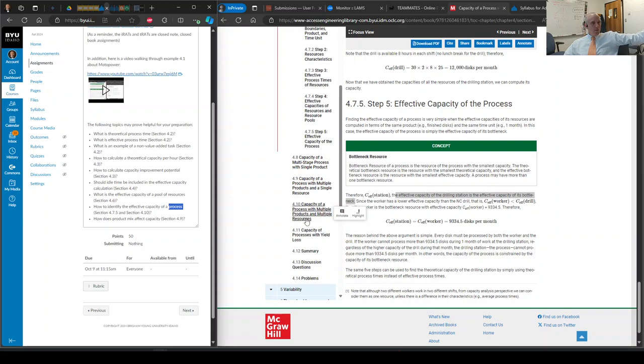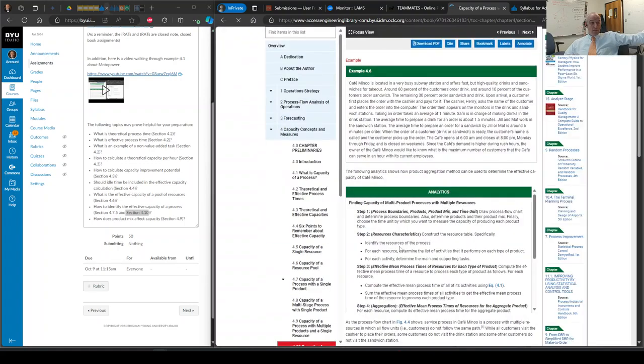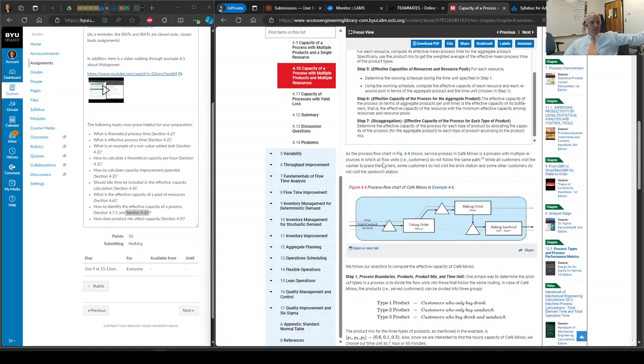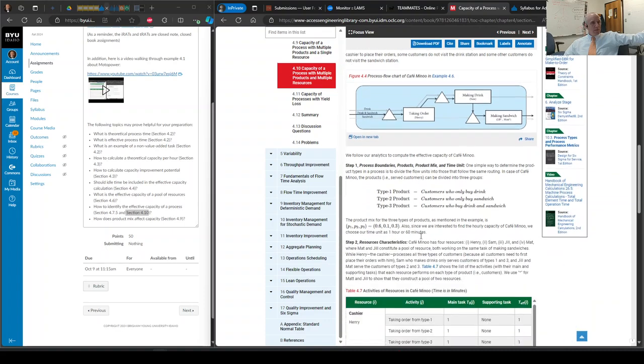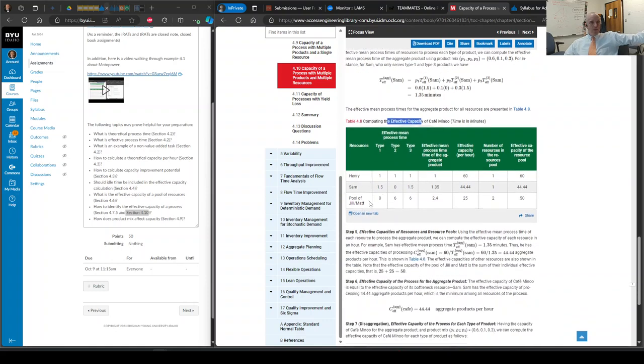And the other section that is represented here is talking about finding the effective capacity of a process. In this case, there are multiple products and multiple stages. And it turns out that after you find the effective capacity of the resources, the effective capacity of the overall process is that of the resource that is the bottleneck.